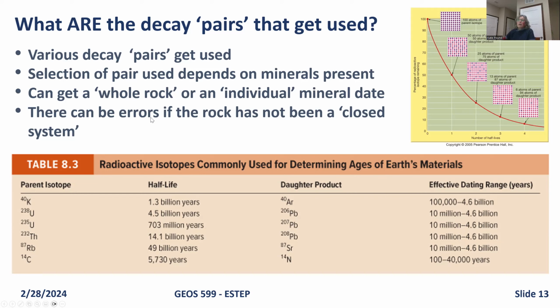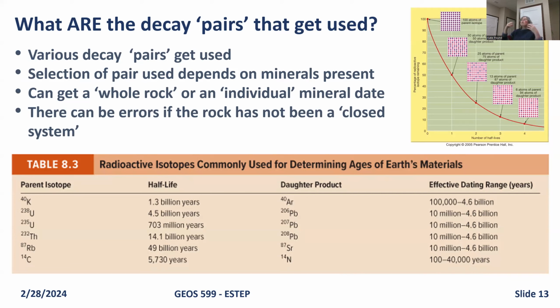Now, one situation where there can be errors is if the rock hasn't been in a closed system, if maybe there's been some metamorphism or some metamorphic fluids have reacted with the rock to reset it or change it. One of the other problems is if we're using potassium 40, it decays to argon, and argon is a gas, and sometimes rocks or minerals experience what we call degassing.